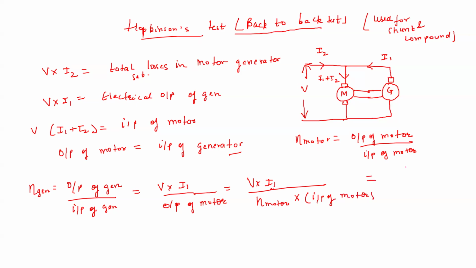So the generator input is the efficiency of motor into input of motor. The generator efficiency is then V into I1 divided by efficiency of motor into the input of motor, and we have seen the input of motor is V into I1 plus I2. So here if you see, the efficiency of generator into efficiency of motor is I1 by I1 plus I2.